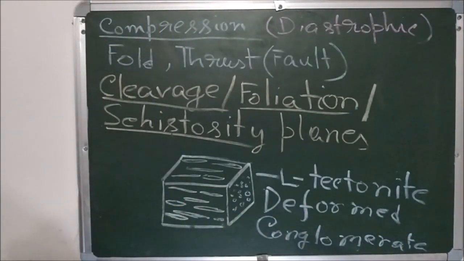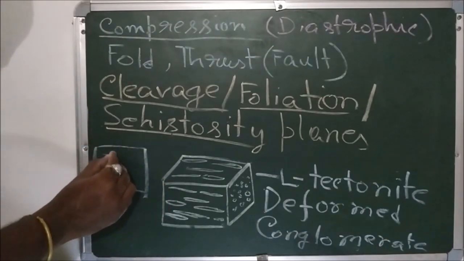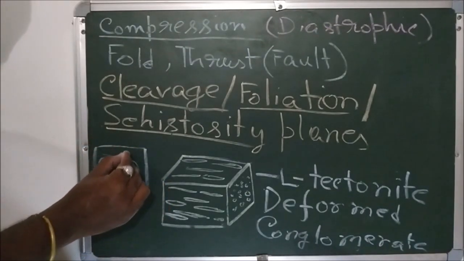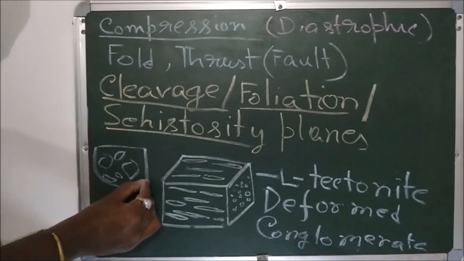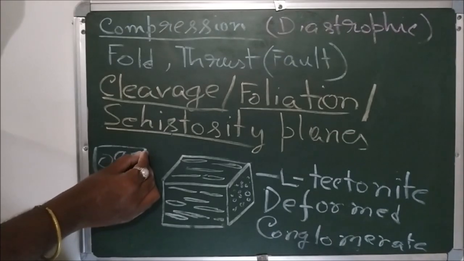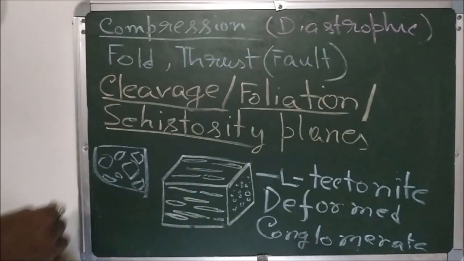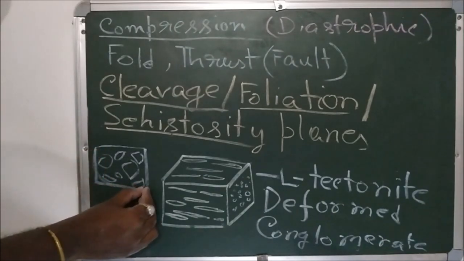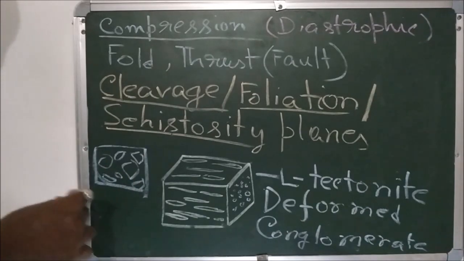Conglomerate is a sedimentary rock. In general, conglomerate has different kinds of grain size, more than 2 millimeter in diameter, up to boulder sized.